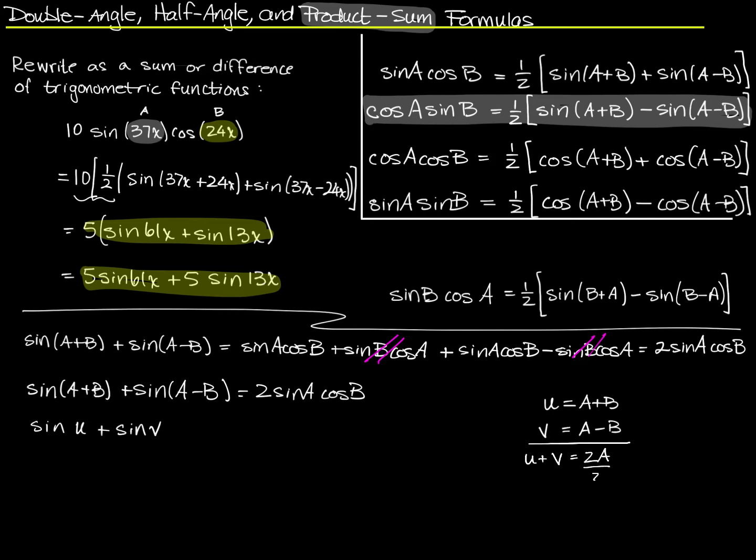That means that a is equal to u plus v over 2. So on my right-hand side now I'm going to have equals 2 times the sine of u plus v over 2 times the cosine of, well, I need to figure out how to write b.